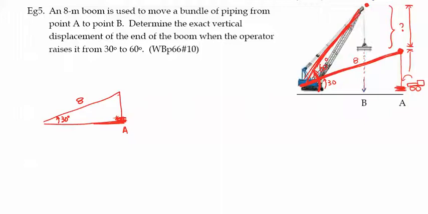And you are going to raise your boom up so that eventually these pipes are now hanging up there, and you will lower these pipes to point B at a later time.